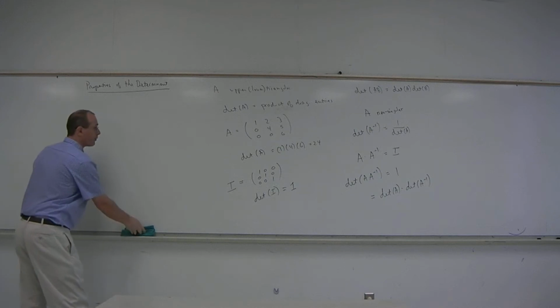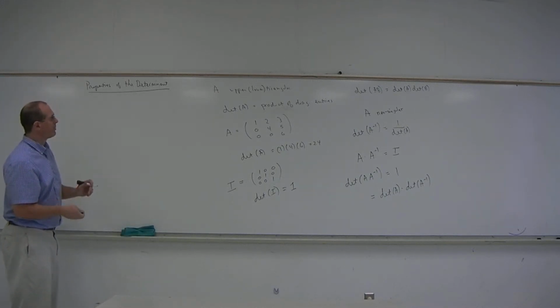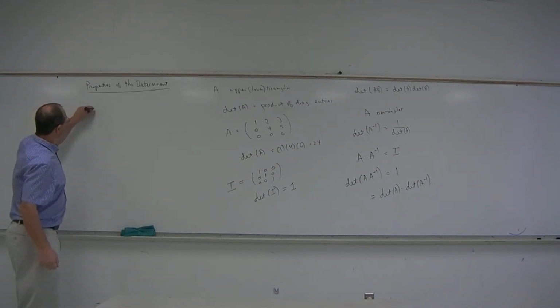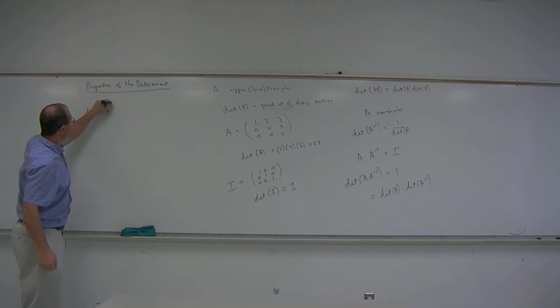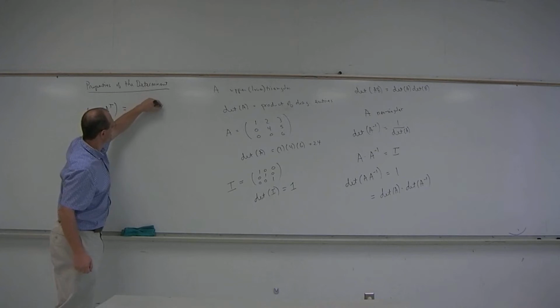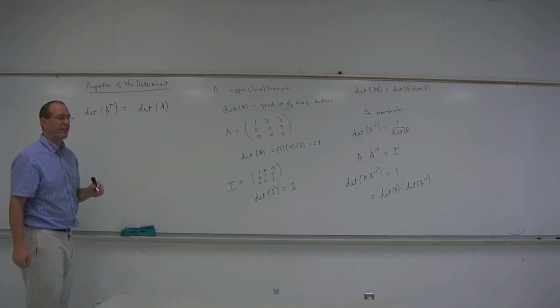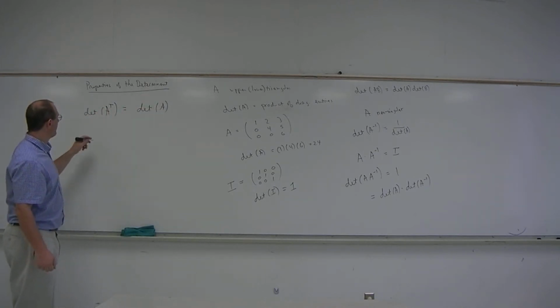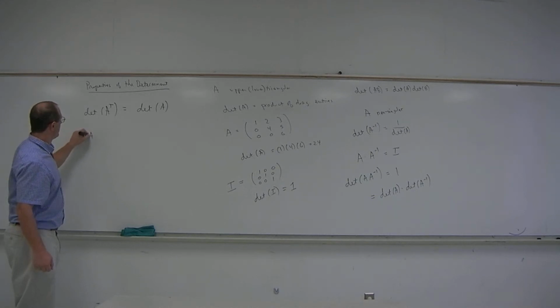A couple of other properties. The determinant of A transpose is equal to the determinant of A. This is not obvious, but in the 2 by 2 case, it's pretty clear.